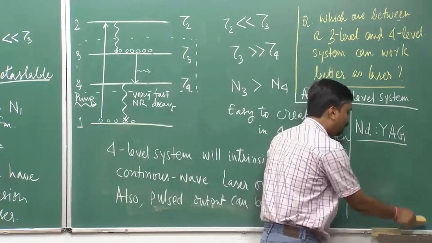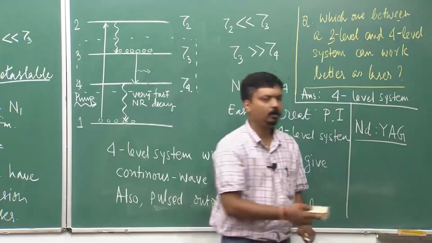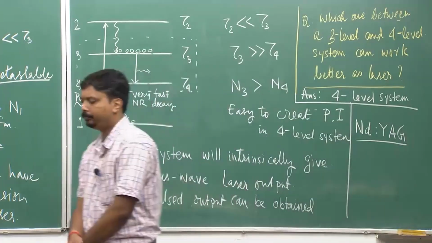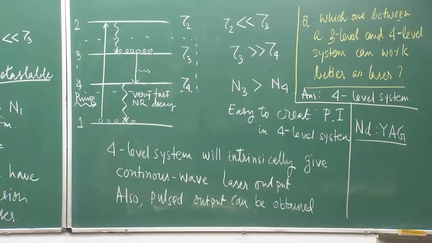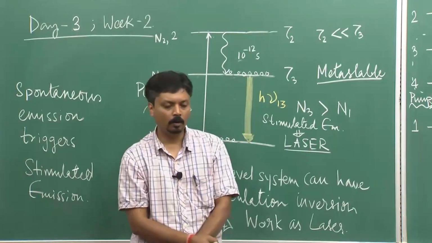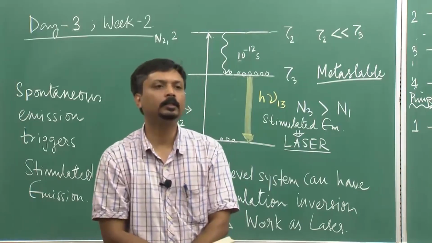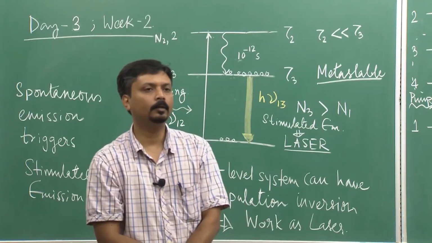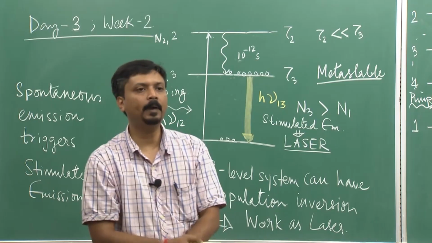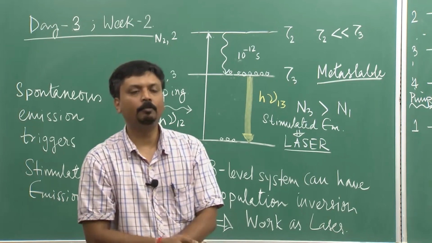All right. So I think we have enough fundamental and theoretical background about laser and laser action by now, with which we can start considering the actual practical depiction of a laser.